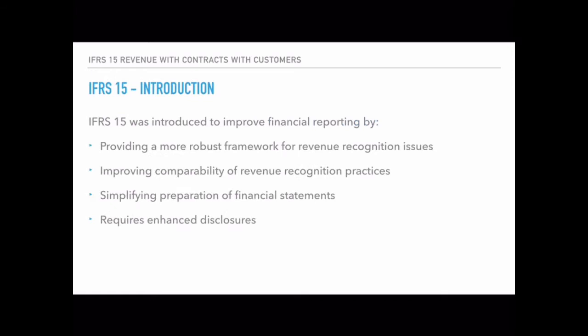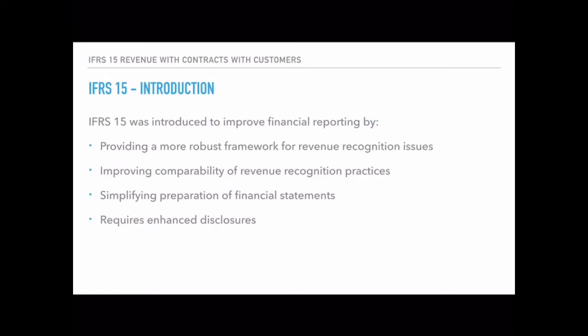The previous revenue standards weren't very clear, so different entities had different ways of recognizing revenue, and it led to a lot of inconsistencies. To solve this issue, IFRS 15 was established, and its objective is to provide a single model for revenue recognition. So it now provides a robust framework for addressing revenue recognition issues.